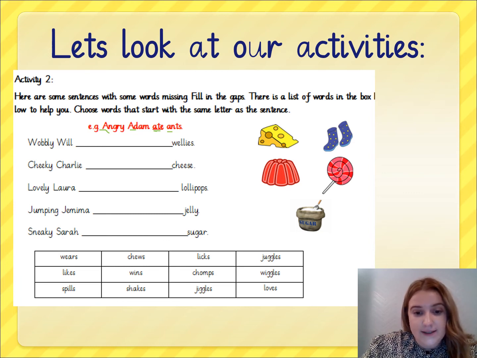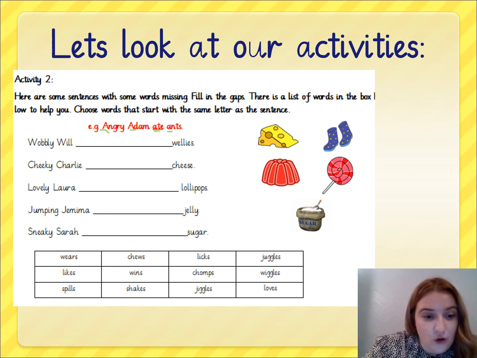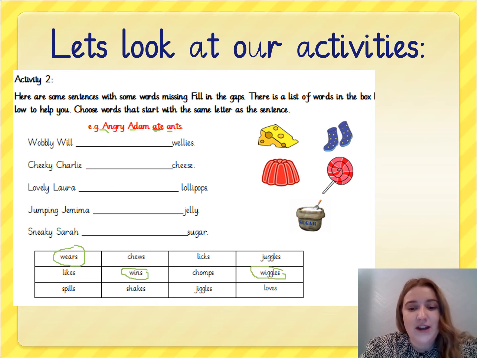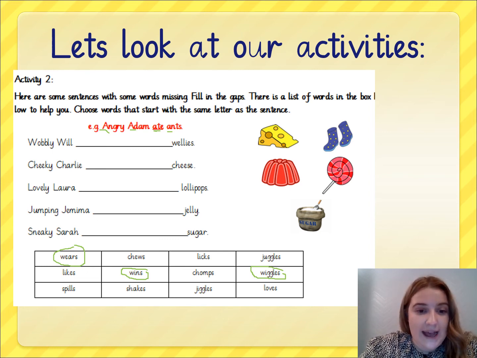Now in the box here, you've got lots of examples. I'm going to circle all the ones that begin with W because I know that W is the one that I'm looking for. And then I'm going to try and work out which one makes the most sense. Would it be Wobbly Will wears wellies, Wobbly Will wins wellies, or Wobbly Will wiggles wellies?